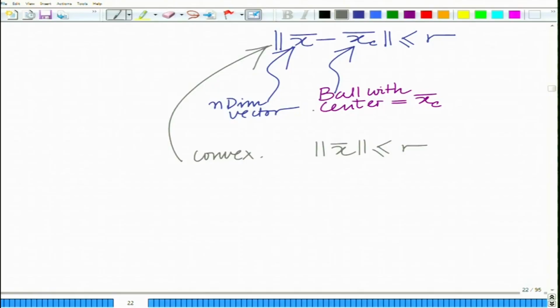Okay. And consider 2 points. To verify this, simply consider 2 points x 1 bar, x 2 bar. So, we have to demonstrate that given any 2 points x 1 bar, x 2 bar, their convex combination lies in the set. Let us denote this set by B. Okay.